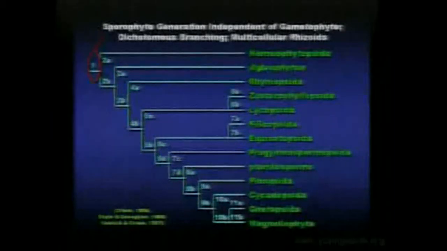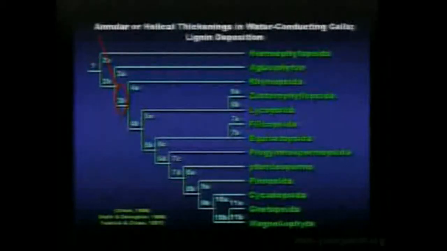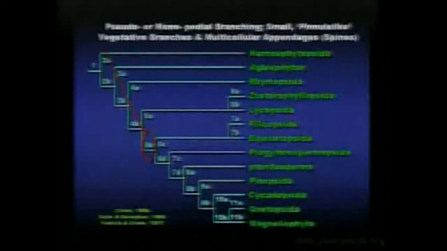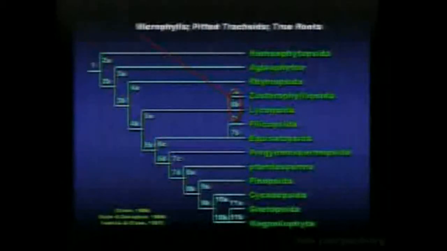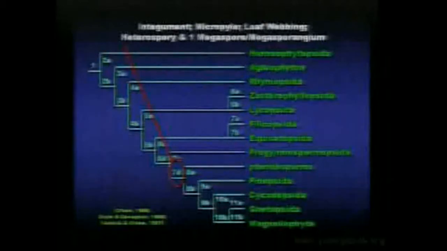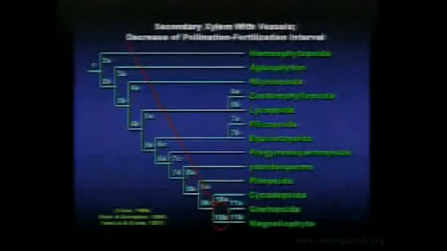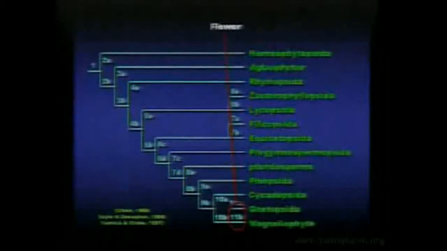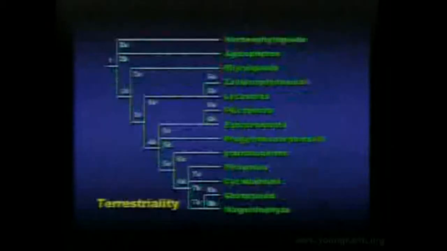I'm just going to flash through them. You won't know probably what most of these things are. But this is an example of the kinds of characteristics that are found at these various levels that help these particular plants, in contradistinction to the others, being more and more capable of existing independently of water.